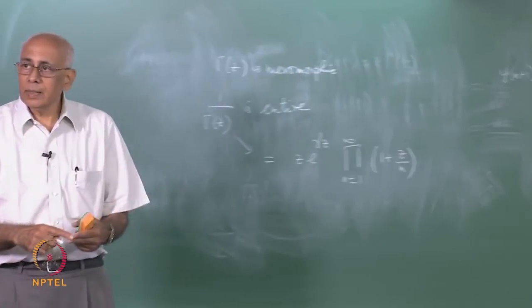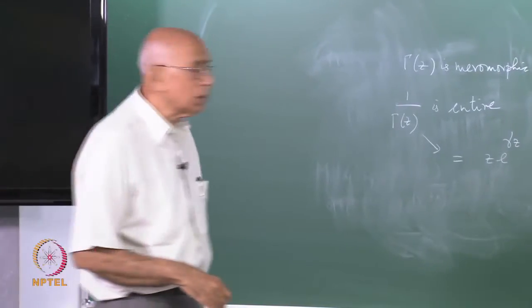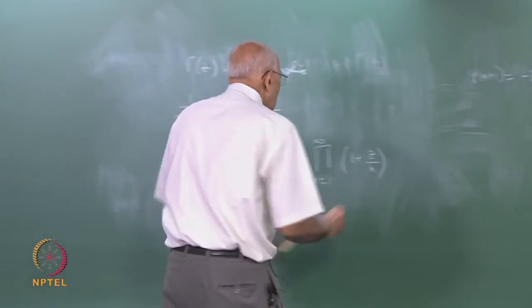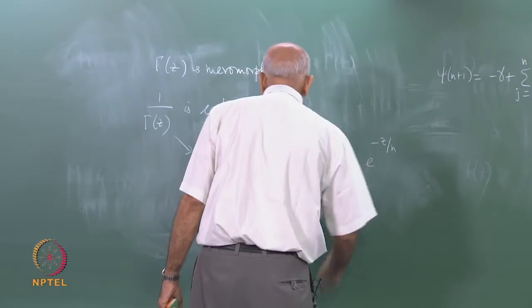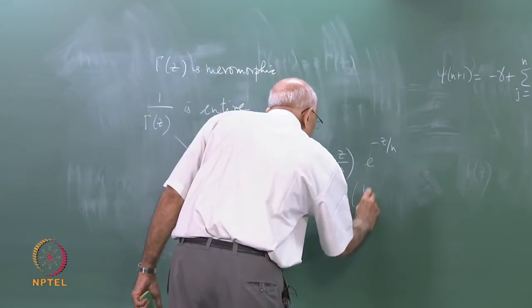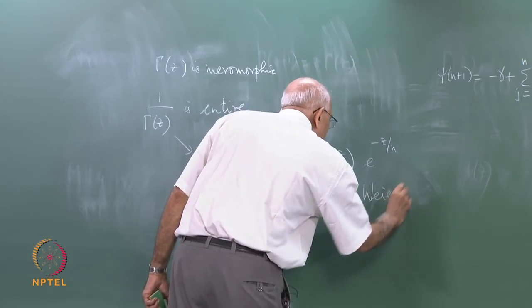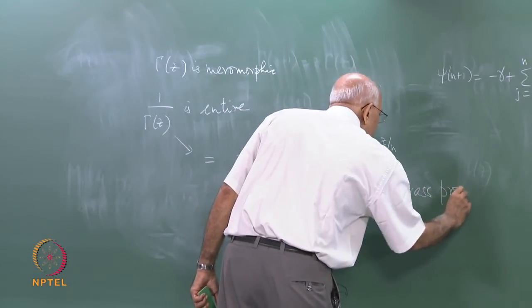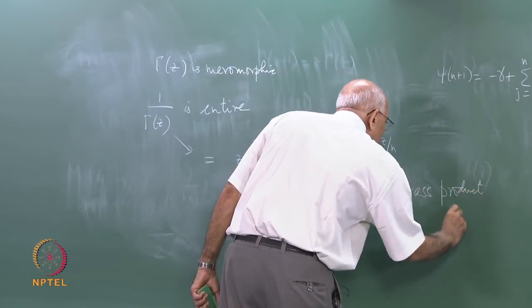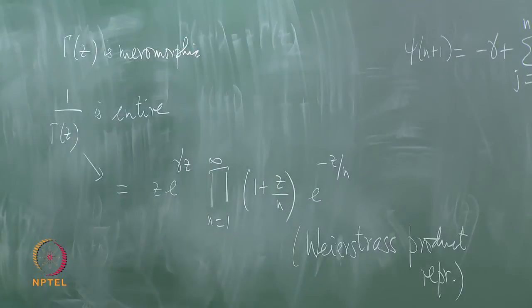Remember z equal to minus n is a pole of the gamma function, so the reciprocal will have a zero at that point. So these are the zeros, and then it is multiplied here by e to the minus z over n. This representation is the so called Weierstrass product representation for the gamma function.